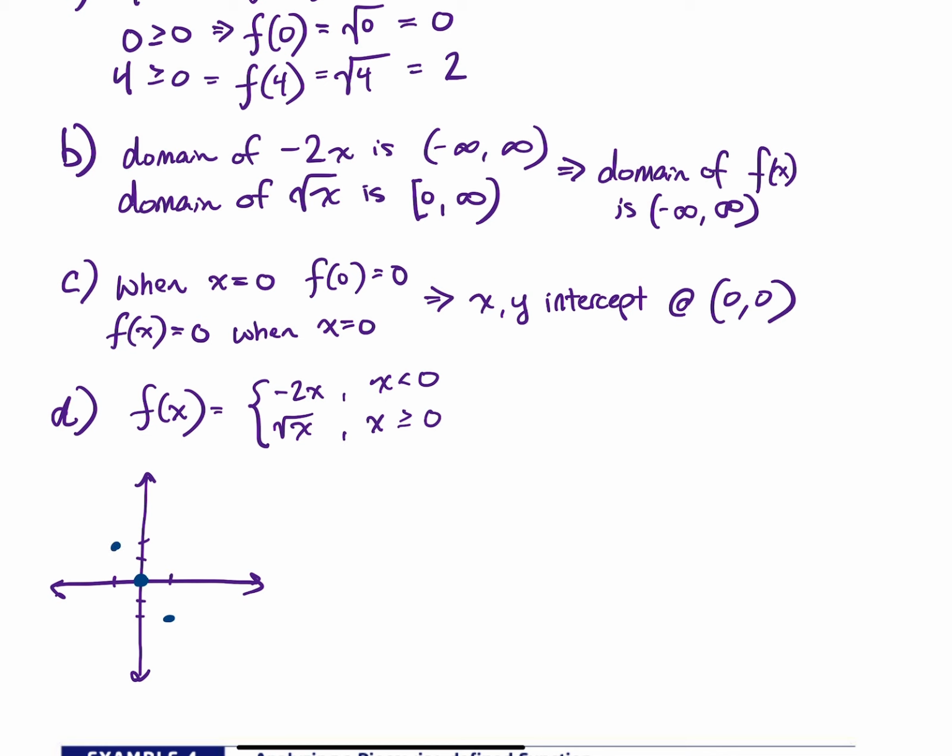Get some line with a negative slope. But for this graph, so this would be specifically for y equals negative 2x, we're only interested where x is less than 0. So imagine just taking this left side.